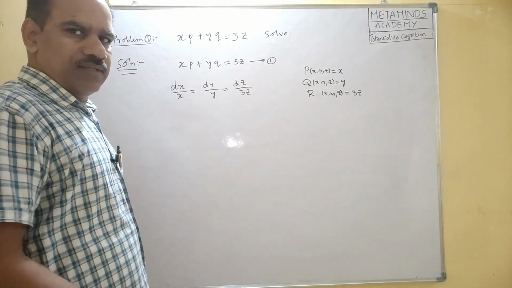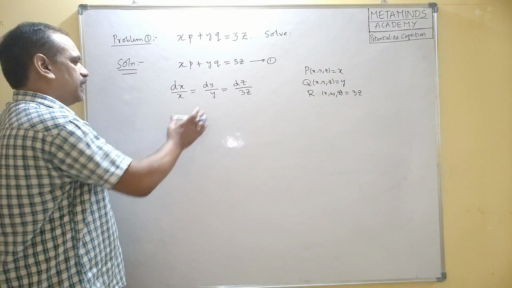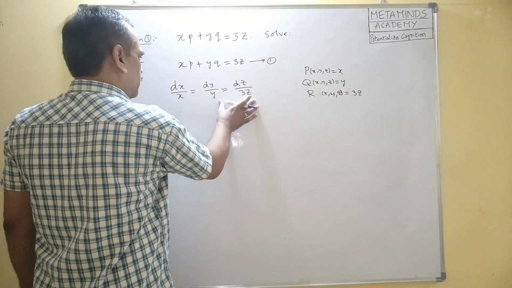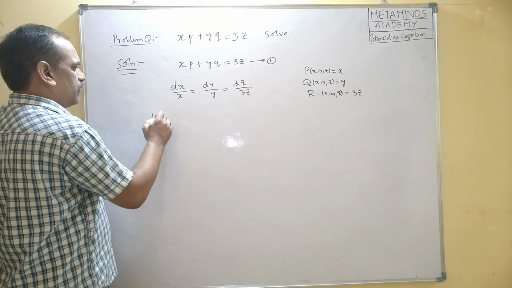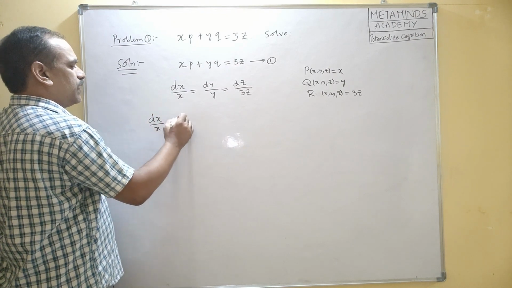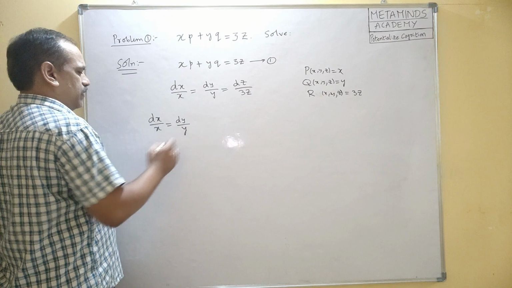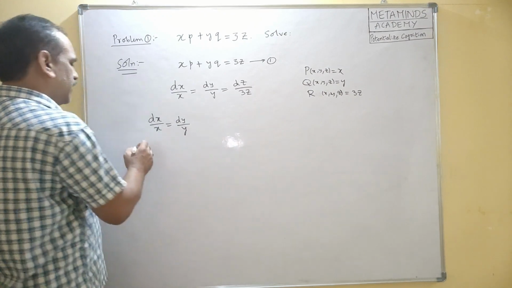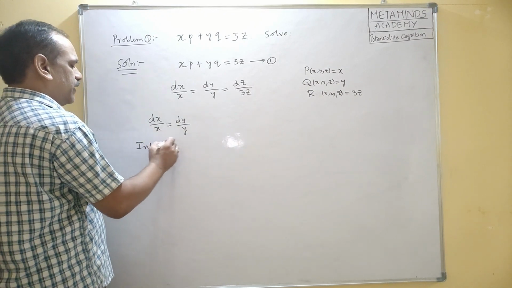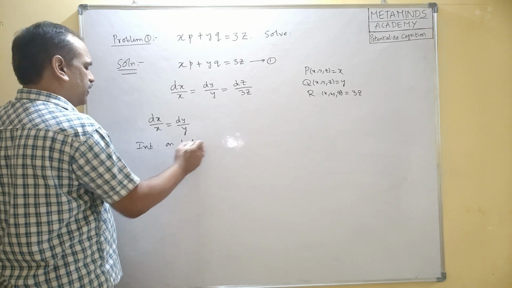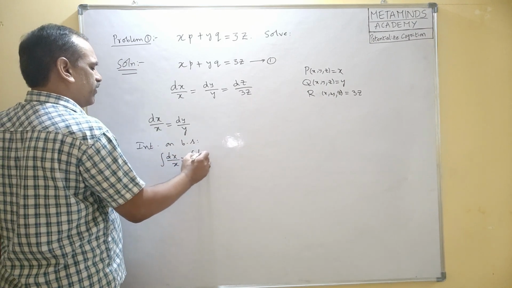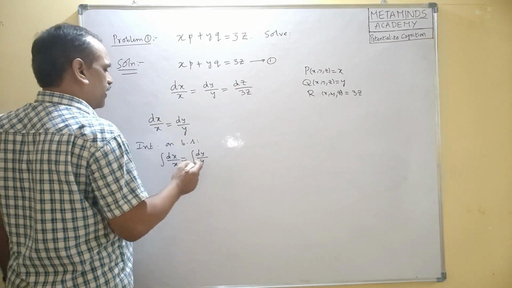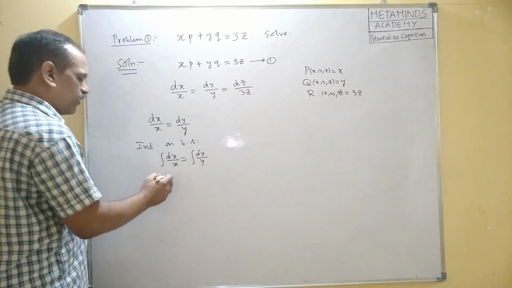Now how do you solve these equations? You take any pair of equations, and you will get the solution. So let us take dx by x equal to dy by y. Integrating on both sides, integral dx by x equals integral dy by y, because it is already in variable separable form.